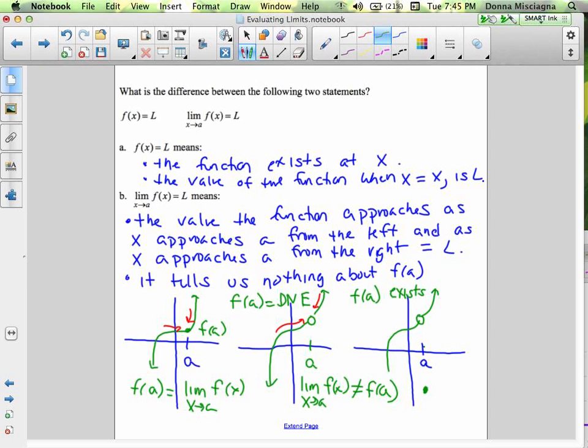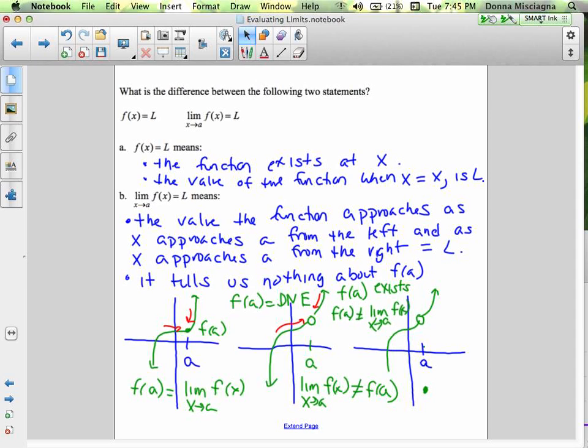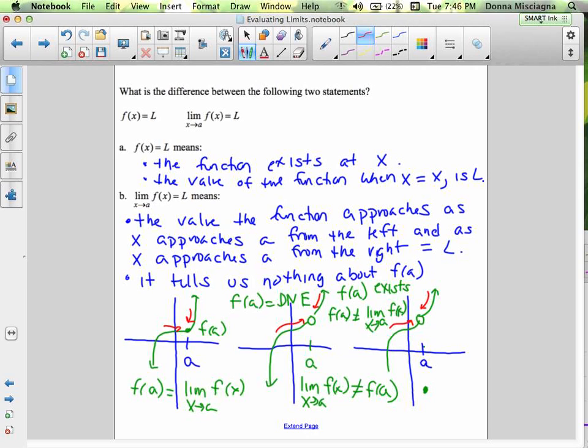However, f of a does not equal the limit as x approaches a of f of x. So it could be that our limit exists, but the value of the function is different. Here you can see as we approach from the left-hand side and the right-hand side, that's the limit of our function, and notice it's not the same as the value of our function, which is down here.